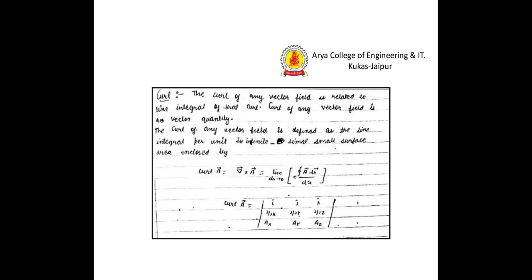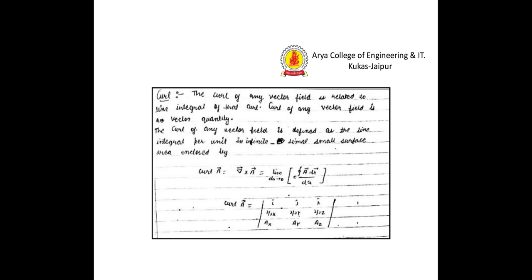The curl of any vector field is defined as the line integral per unit infinitesimally small surface area enclosed by it. So we can write curl of A vector is equal to del cross A vector.